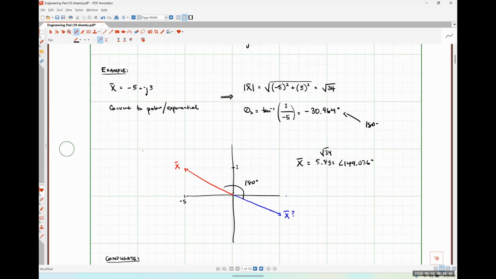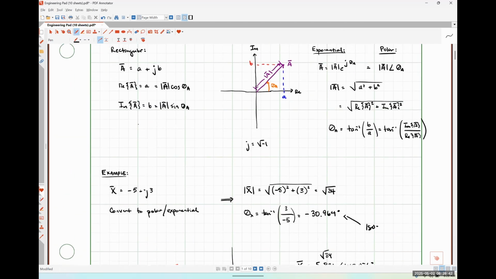So if I were to look up here at the top real quickly, if I flip the sign on my imaginary part so that now I would have a minus jb, what would happen to my angle theta a? So let me put it on the screen here, right? So I'll do a conjugate down here.